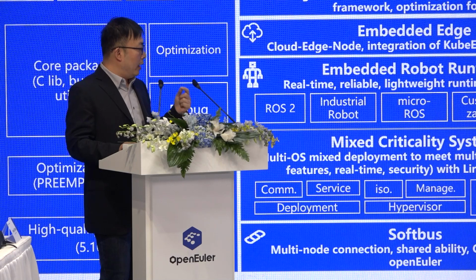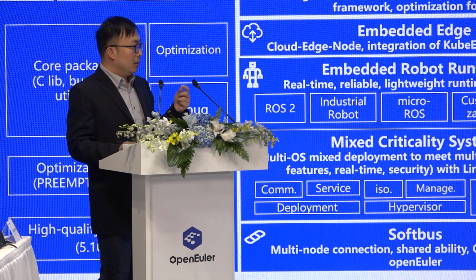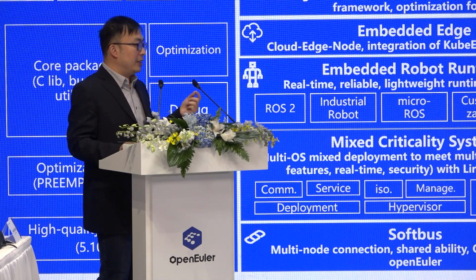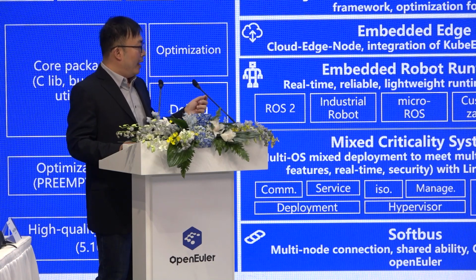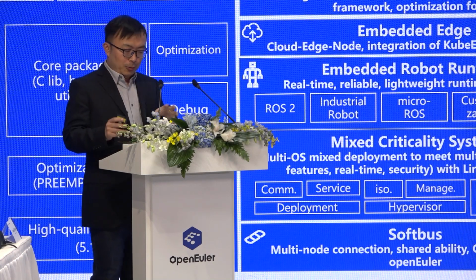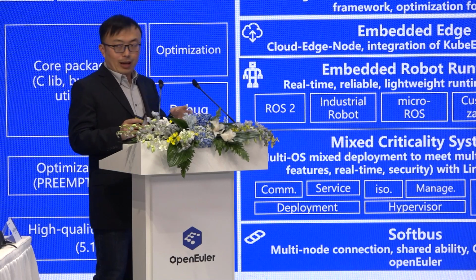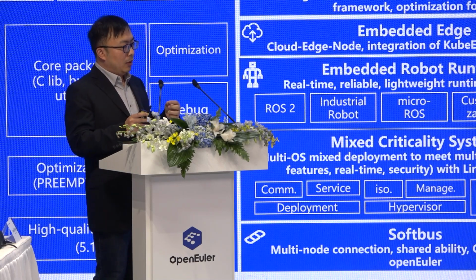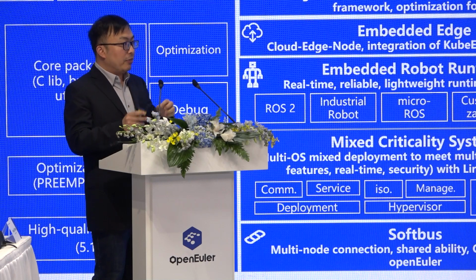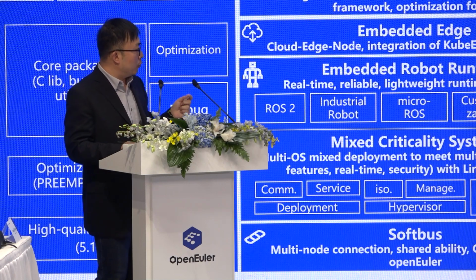And one leading university in China contributed their work on industrial robots to openEuler. And we also integrate some technology from RTOS like Micro-loads to support the requirements on real-time, safety and reliability. This is embedded robot runtime.